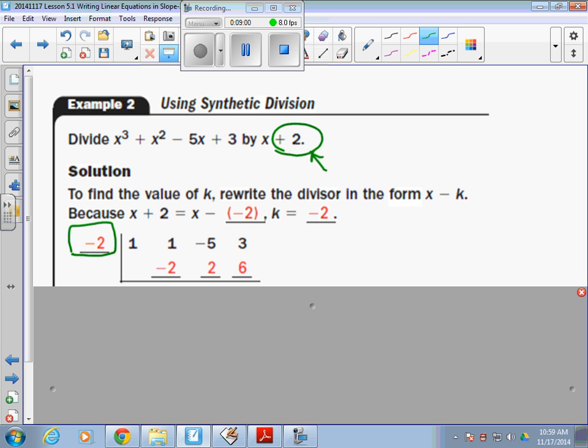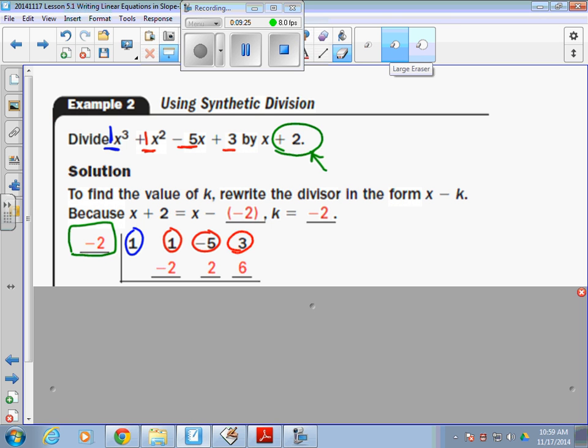Then all of these numbers here, 1, 1, negative 5, and 3, represent each of these coefficients. This one's 1, so this one's 1. This one is 1, so this one's 1. This one's negative 5, so this one's negative 5. This one's 3, so this one's 3. That's where those numbers come from.